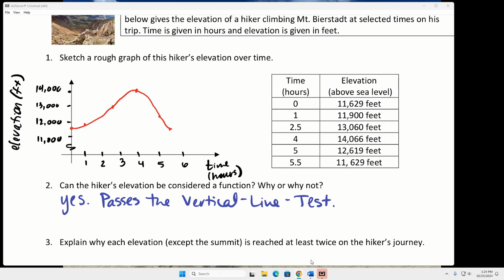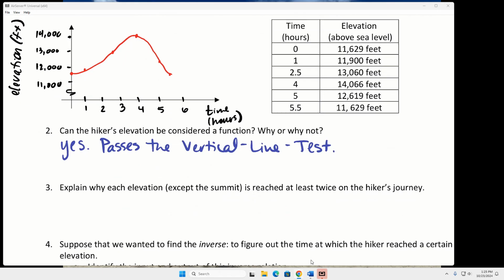All right, and then number 3 says to explain why each elevation except the summit, so except for the very highest peak, is reached at least twice on the hiker's journey. So like we're at this height, and we're at 2 times. So the hiker reaches the height going up, and then they reach the height going back down, or the elevation, I should say.